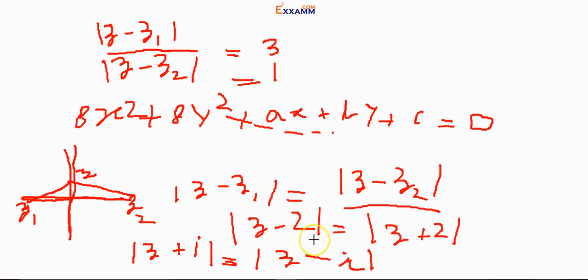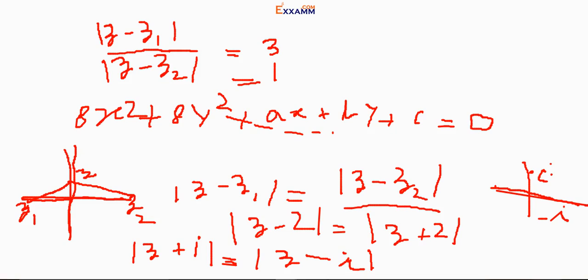In that case, the perpendicular bisector of the line joining minus i and i would be our x-axis. So here this is i, and this point here is minus i. So this is the perpendicular bisector, and this would be the x-axis.